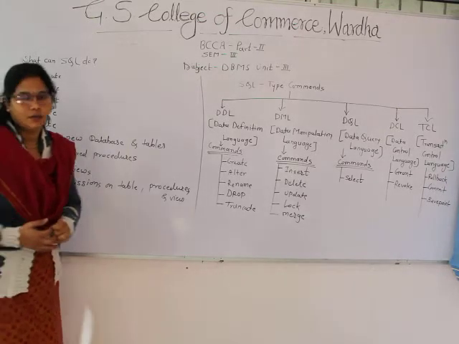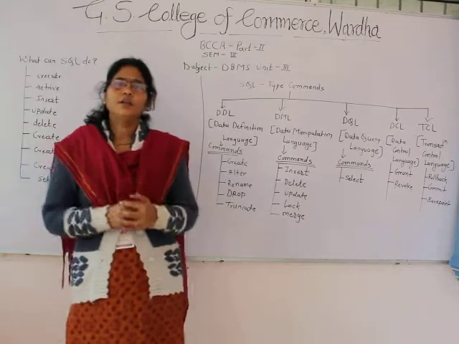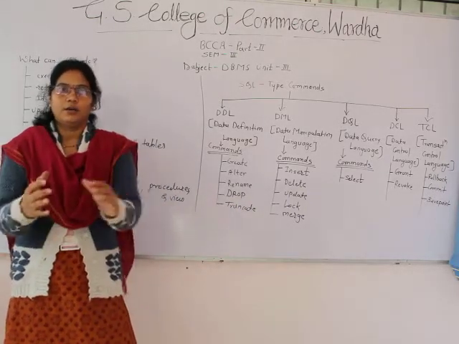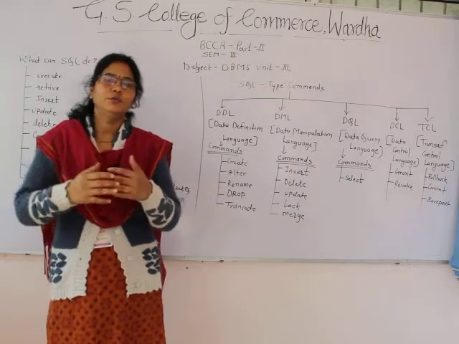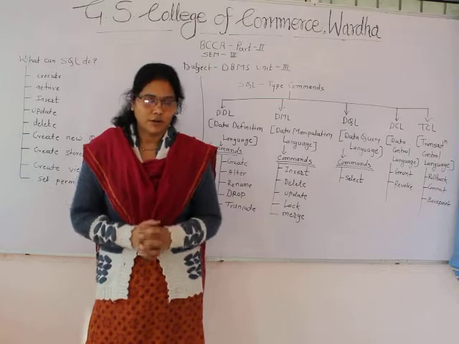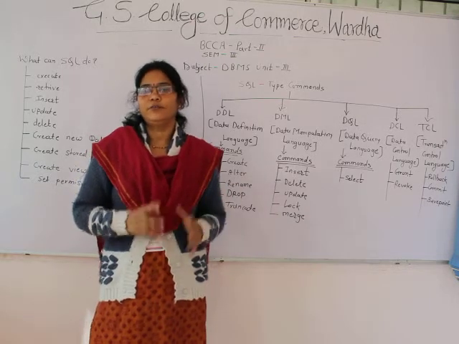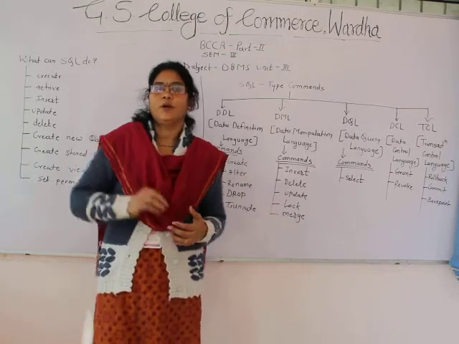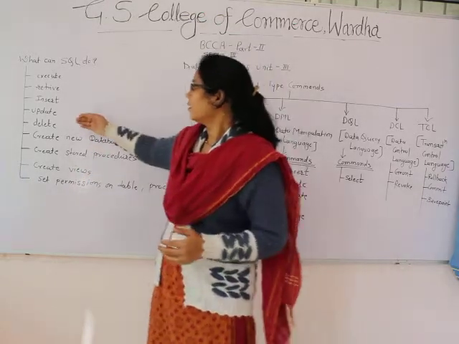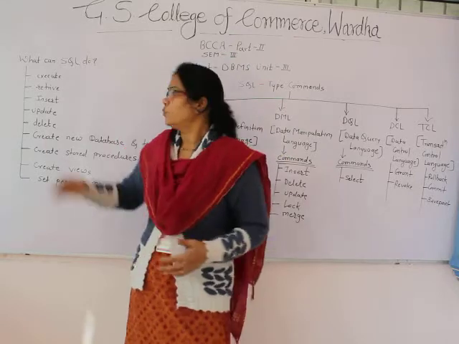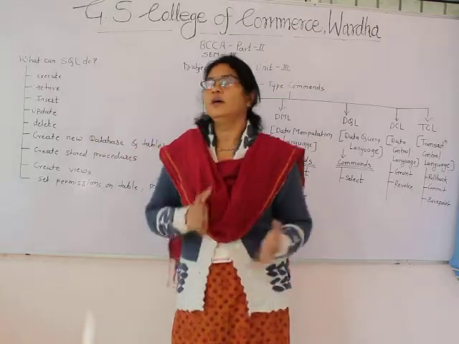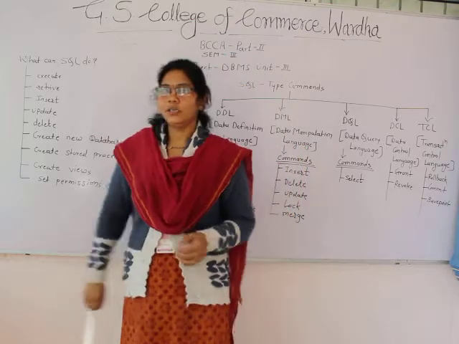Then next one, delete. If an employee of that particular organization is going to leave the organization, we can delete the information of that employee from the organization database. So the delete command is used for that. We can delete a particular record or a particular table from the database by using SQL.